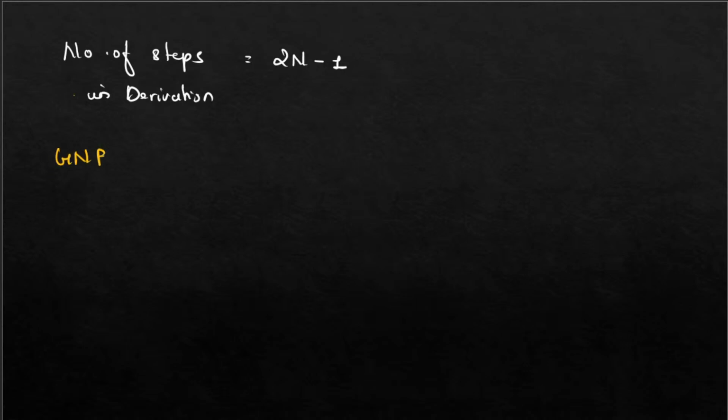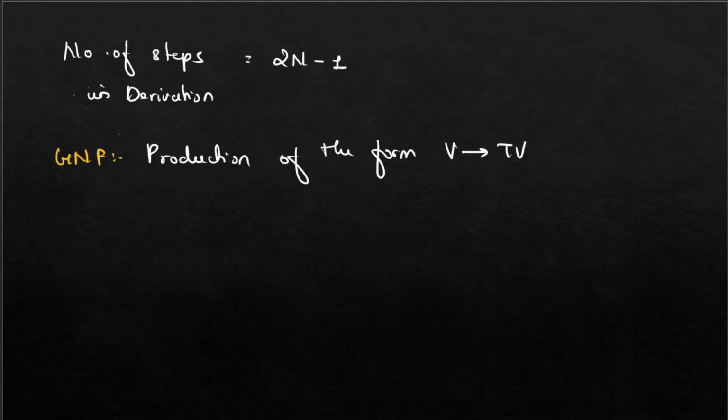GNF. So GNF means production is in the form V → T V star, where epsilon production is not allowed in GNF.